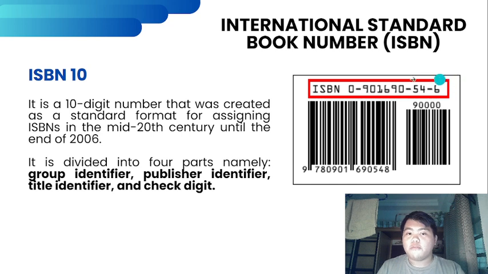It is the former standard format for assigning ISBN, since it was discontinued at the end of 2006. ISBN 10 is divided into four parts, namely group identifier, publisher identifier, title identifier, and check digit.